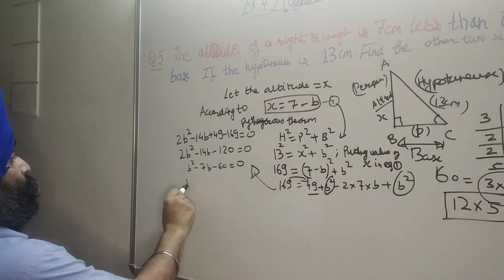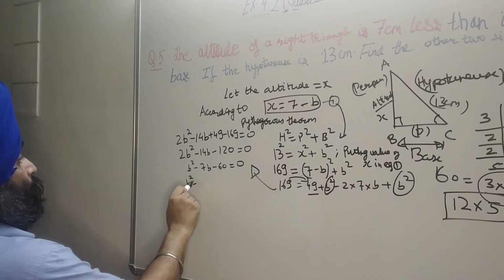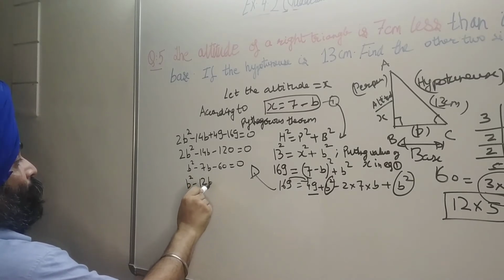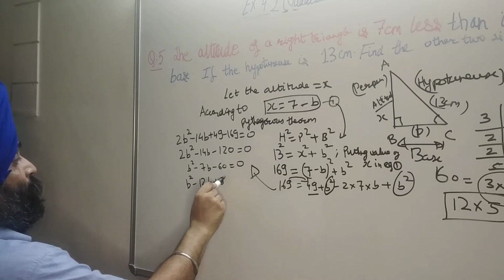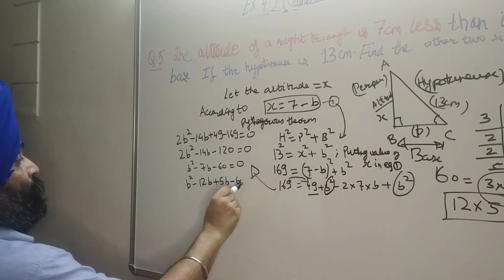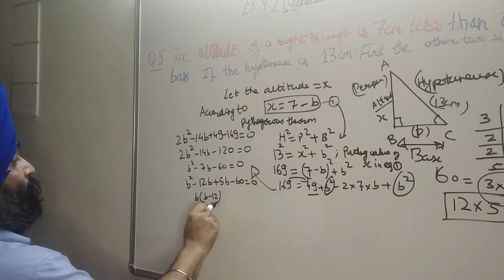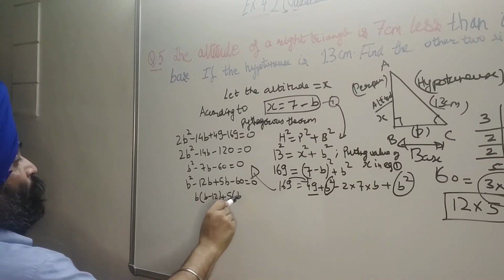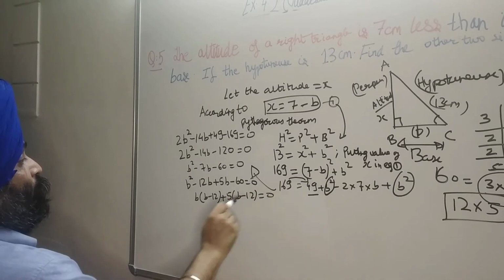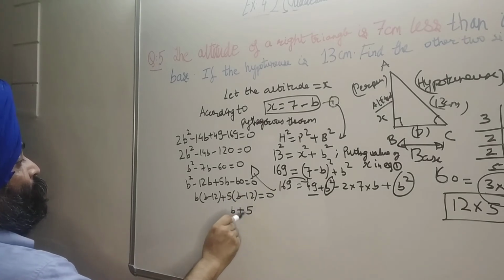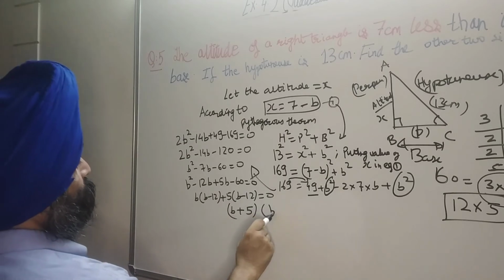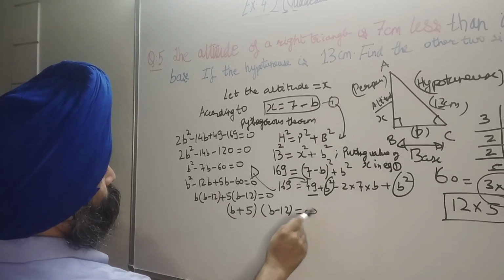So b square minus 12b plus 5b minus 60 is equal to 0. b is common, b minus 12. 5 is common, b minus 12 equal to 0. So b plus 5 and b minus 12 equal to 0.